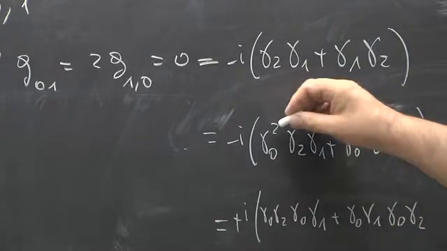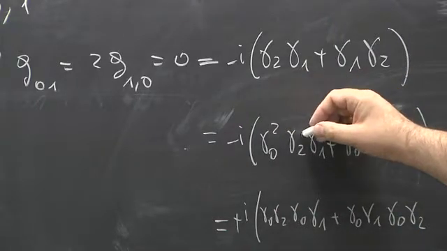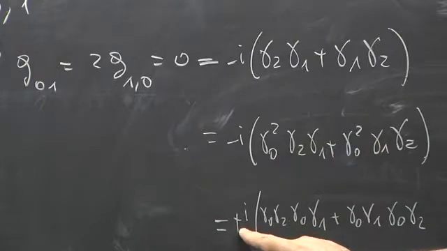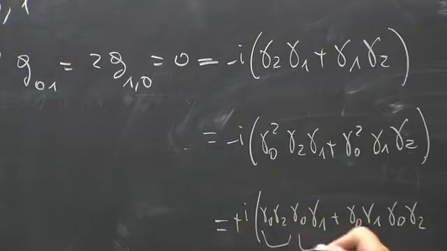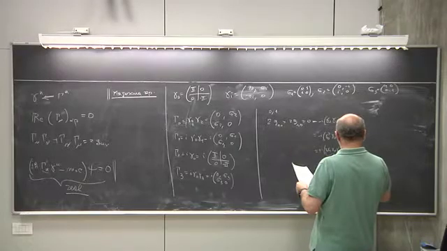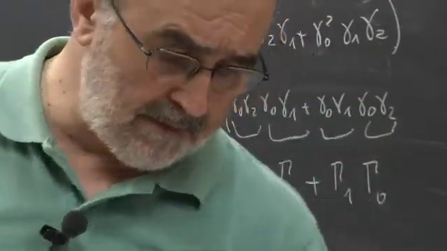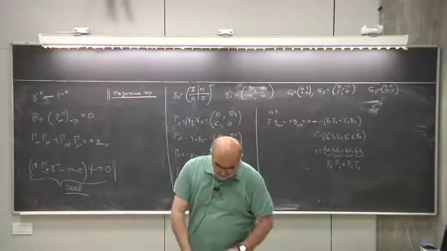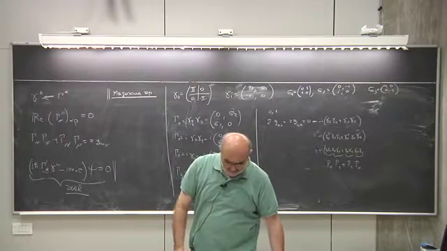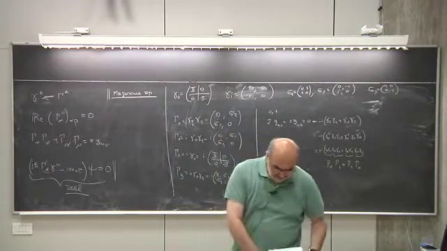So I have brought one of the gamma 0 in between and changed sign. But now these are the Majorana things, so this one is gamma 0 gamma 1 plus gamma 1 gamma 0. So it satisfies the right relation, and we can continue in this manner. On the book you will find some of them.